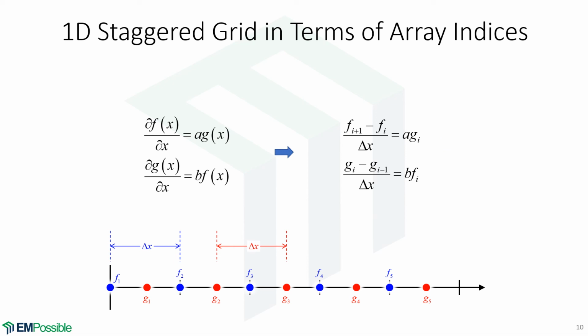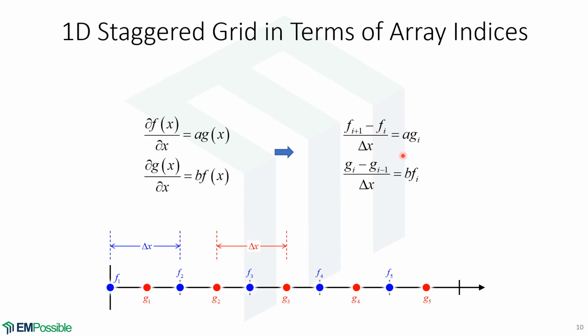So what we have to remember is that f sub i and g sub i, while they're in the same cell in the grid, they're in physically different places. We just have to remember it's staggered, they're offset by a half cell.